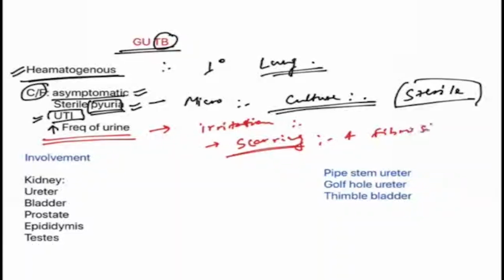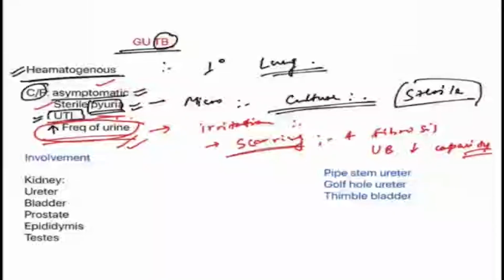So when there is scarring and fibrosis, then the capacity of urinary bladder is decreased, so the frequency of urination is increased. So the common features are increased frequency of urine, asymptomatic patients, sterile pyuria and UTI. These are the common features of genitourinary tuberculosis.